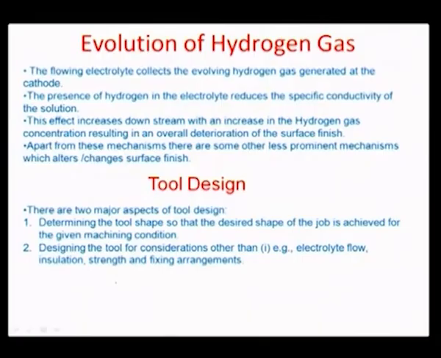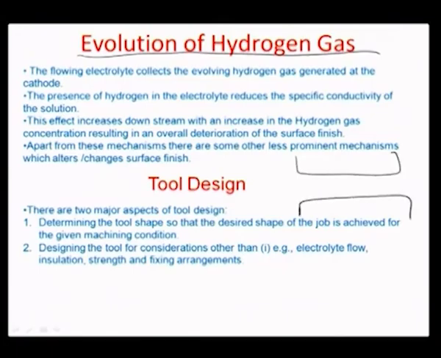Finally, as I have already mentioned before, the evolution of hydrogen gas is pretty critical. Consider this tool and workpiece surface, supposing the electrolyte starts flowing from this end into the gap at a certain velocity, and by the time it reaches the other end here, there is always an increase in temperature.